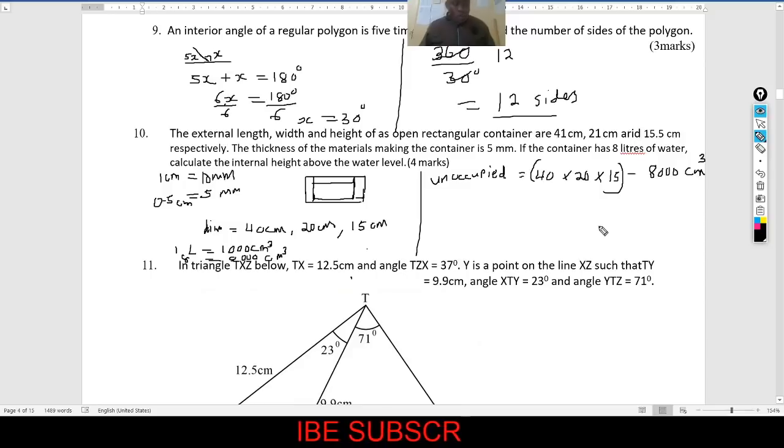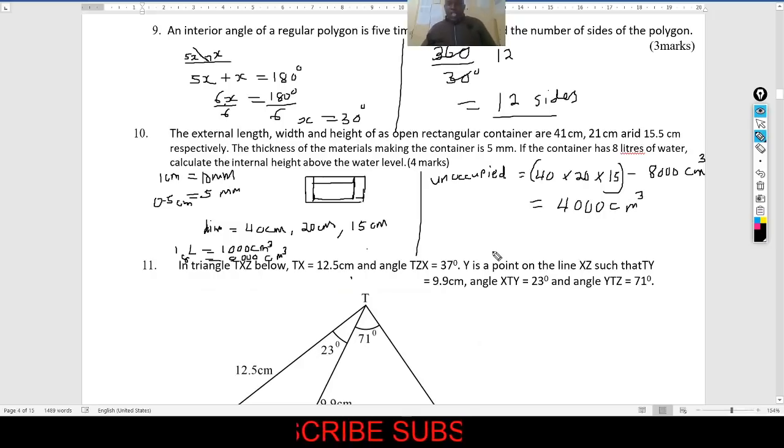That gives you 4,000 centimeters cubed. That is the unoccupied volume.